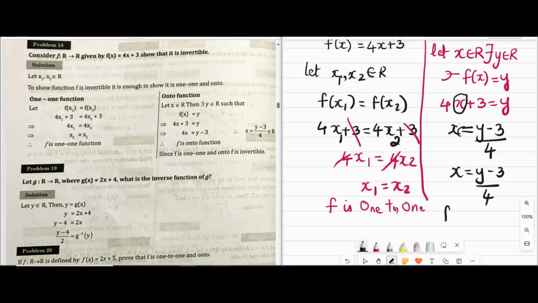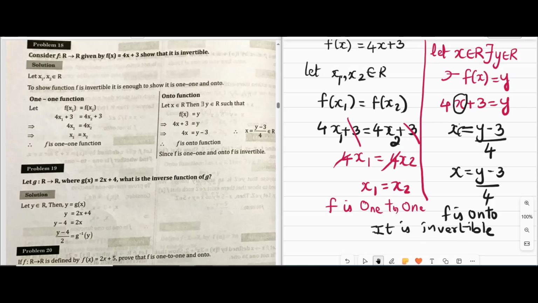Therefore f is onto. So if it is both 1 to 1 and onto, it is invertible. Okay, so this is one way of finding it.